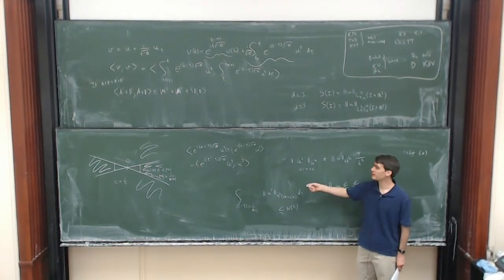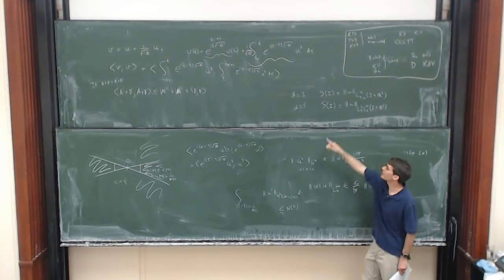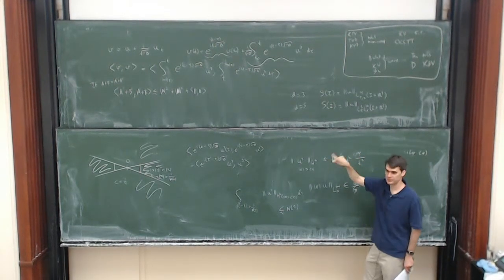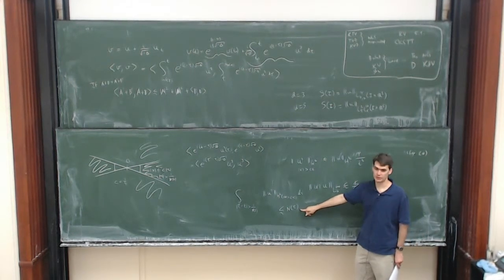Because it gains a full derivative because you had the 1 over square root of minus Laplacian in front. So you picked up the derivative from there. So you gain a full derivative with the n of t in 5 dimensions.